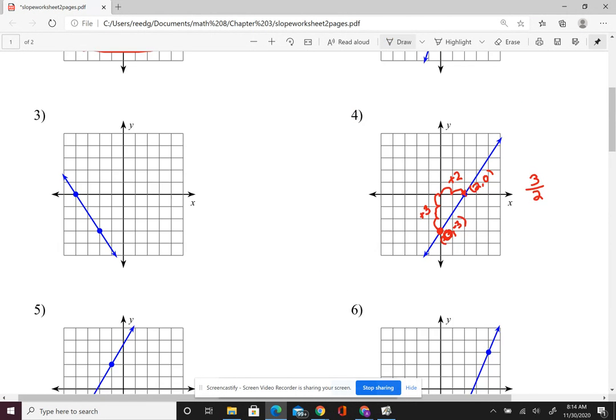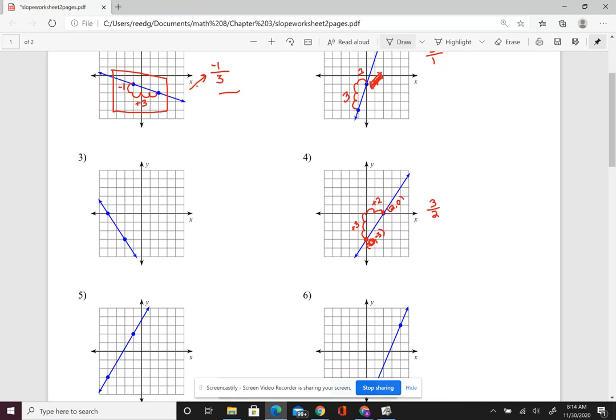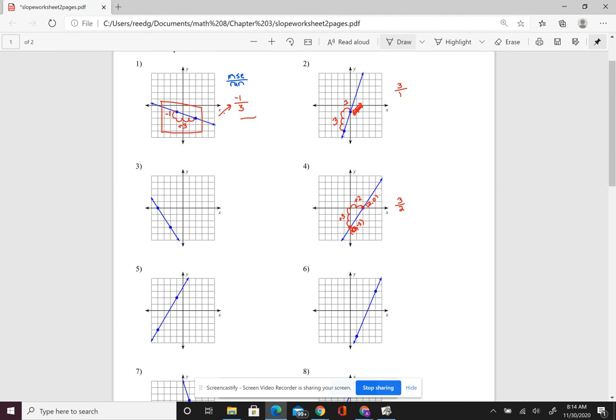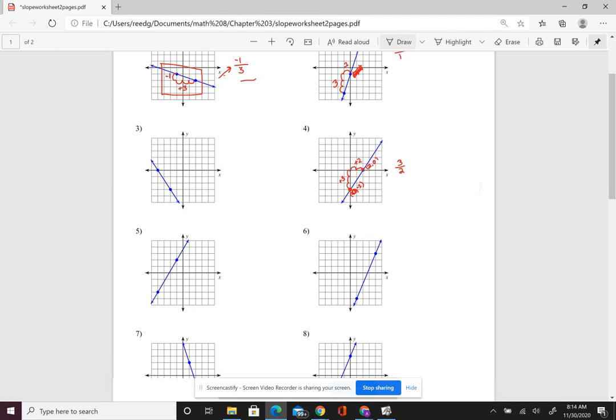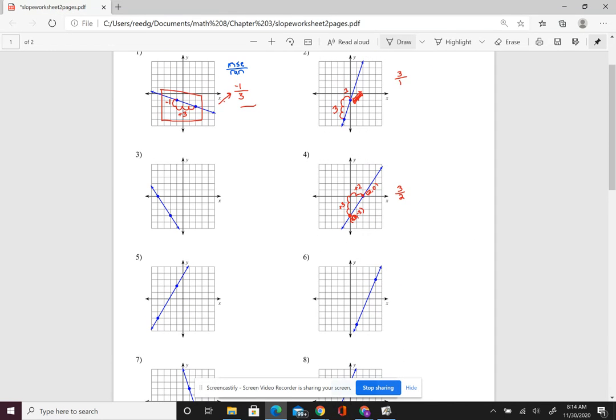So when I'm given graphs like this, I want to talk about rise and run, and I don't need to necessarily know the coordinates of where the points are. I want to more talk about how do I go from one point to another point.